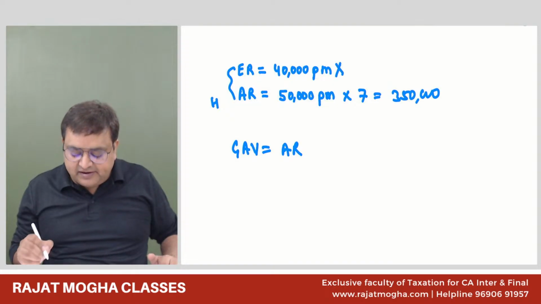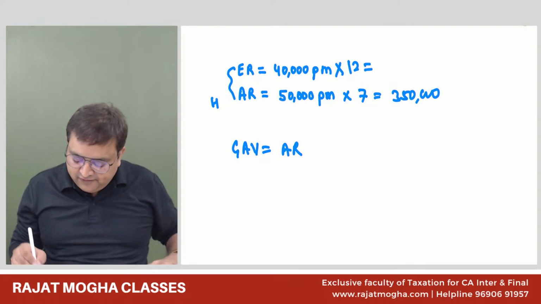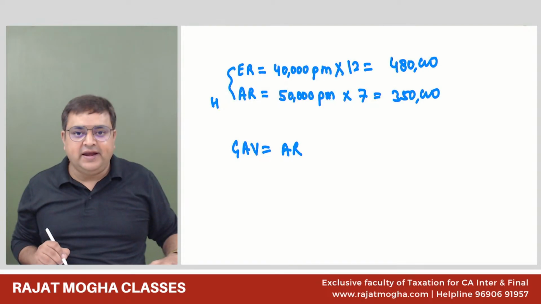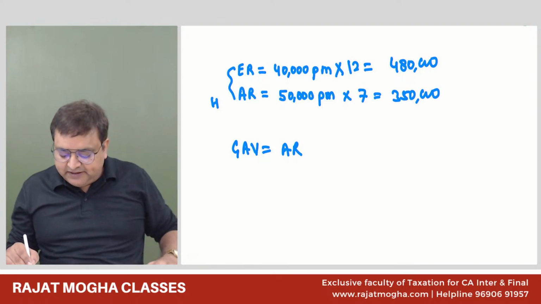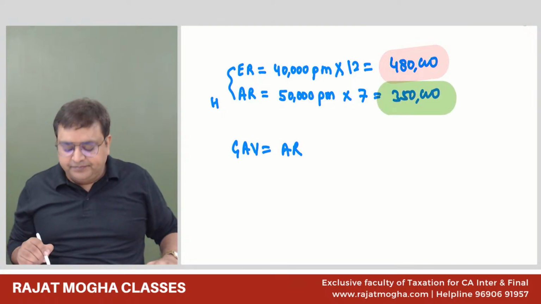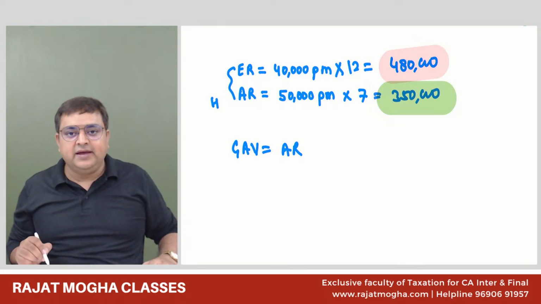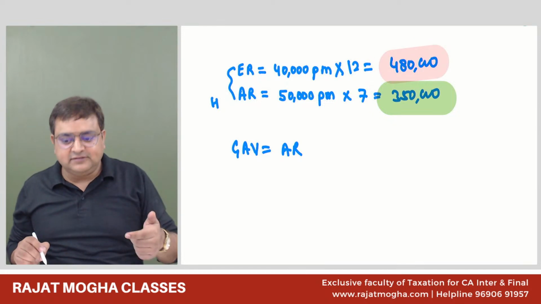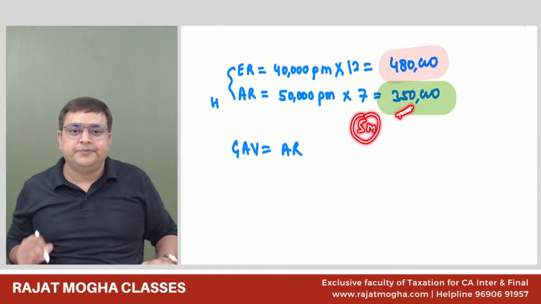But the expected rent for the entire year, 40,000 into 12, is 4,80,000. This is what we used to do in some of the questions: the expected rent is 480, actual rent is 350. But I used to tell you that these two are not comparable, because the actual rent is coming low because of the vacancy of 5 months.